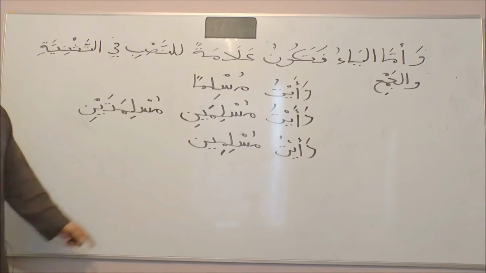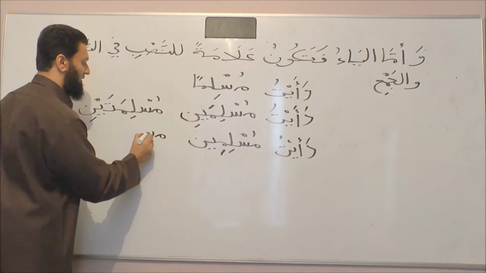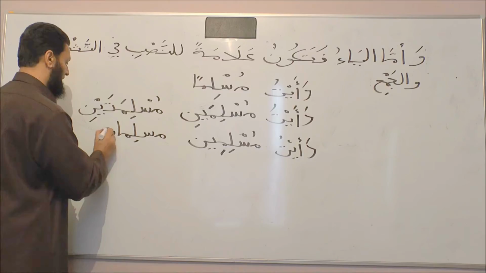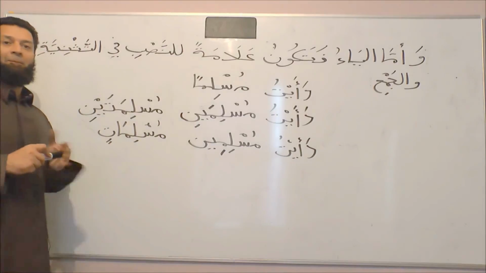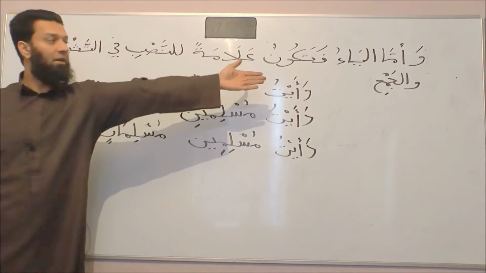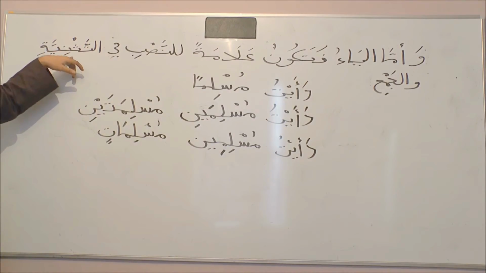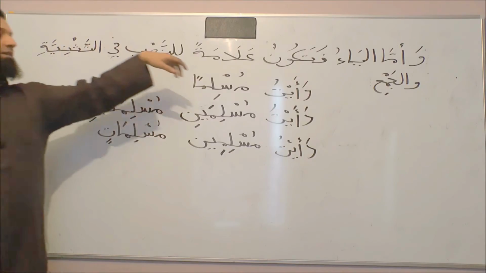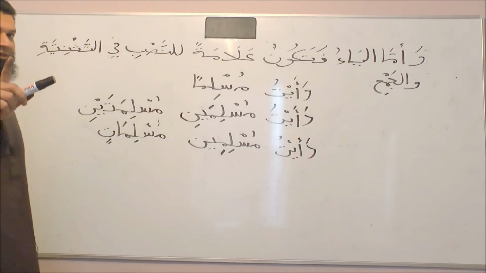Okay, and the other one is muslimatin. Plural. Okay. So is this just talking for the male? Yeah, that's talking about the dual. But here, of course, the dual is applicable to female too. But the plural is only for male.